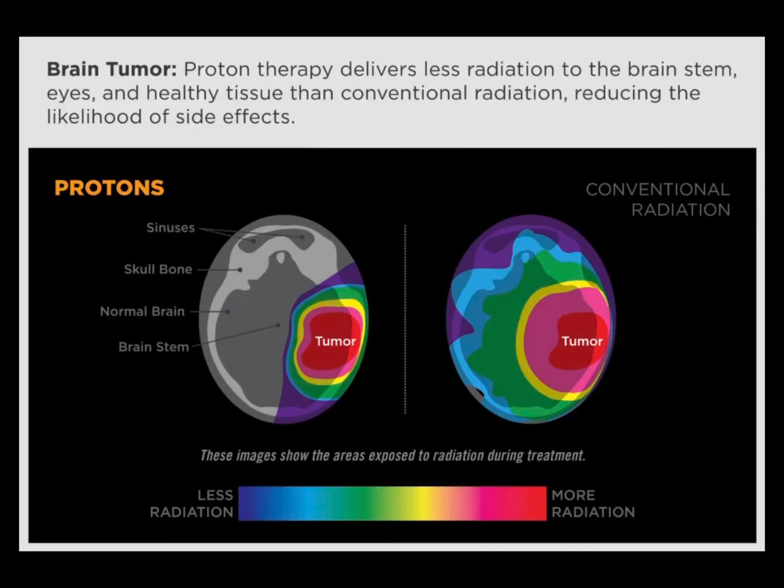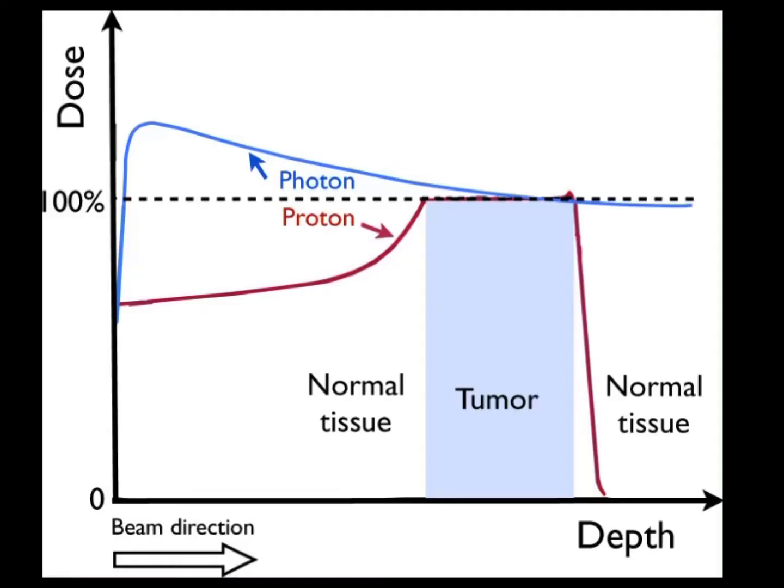And then all at once, towards the end of its destination, it will release all of its energy, which is a good thing in this case, so that it will do a minimum amount of damage to the surface of where it's first penetrating and the tissue that's in front of the affected areas or the diseased cell areas, and do its maximum damage, again, like we said, onto the affected areas and regions.